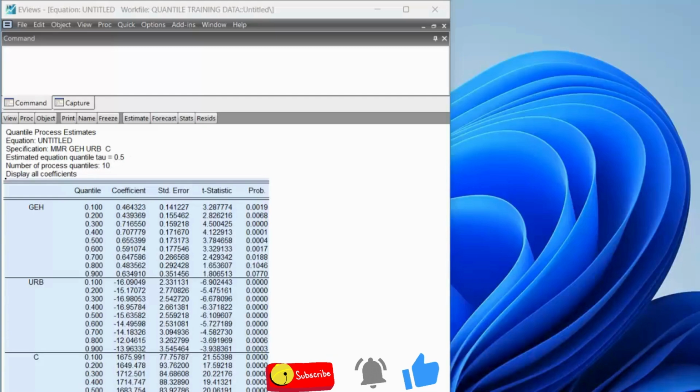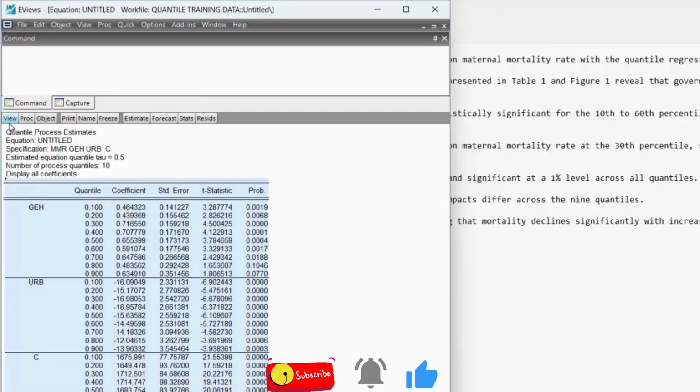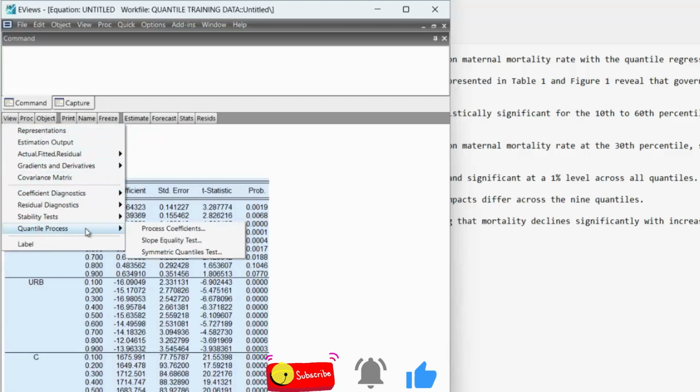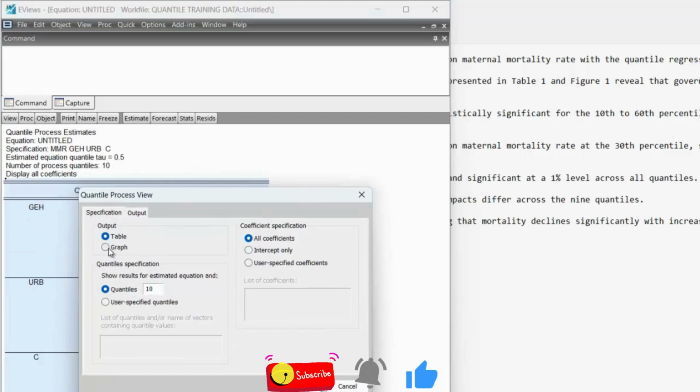Also, you can get your graph. In fact, I will advise you to always present the graph as well. So if you want to get the graph of these estimates, you just need to go to view, quantile process, process coefficients. Then here, instead of table, you select graph. The confidence interval, maintain this 95.